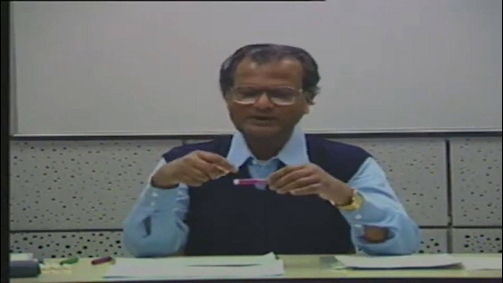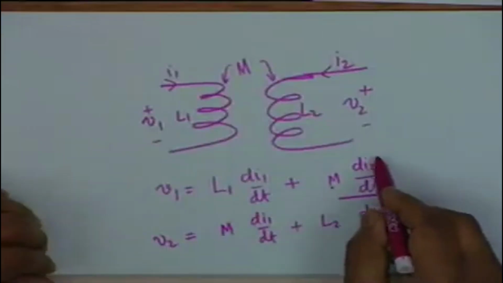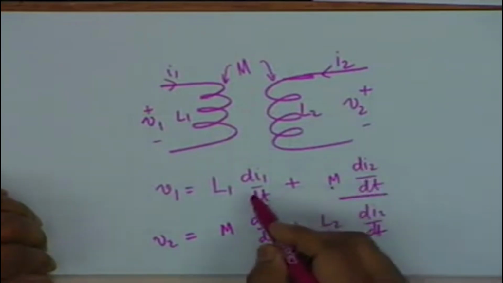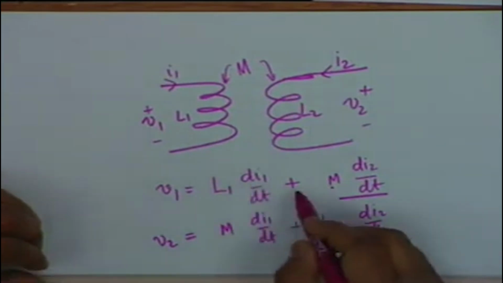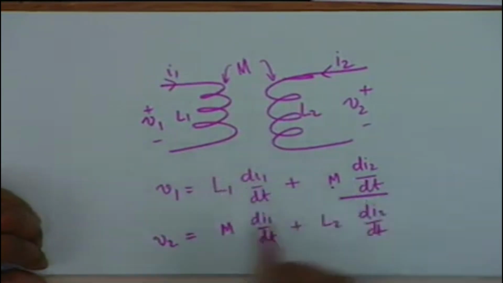For example, you can have, let us say, clockwise turns like this. One current can be clockwise, the other can be anti-clockwise. Then one of the coils produces a flux which tends to cancel the flux produced by the other coil, and therefore this voltage may try to destroy the self-induced voltage. Under that condition, this sign shall be negative, and we say the mutual inductance is negative.